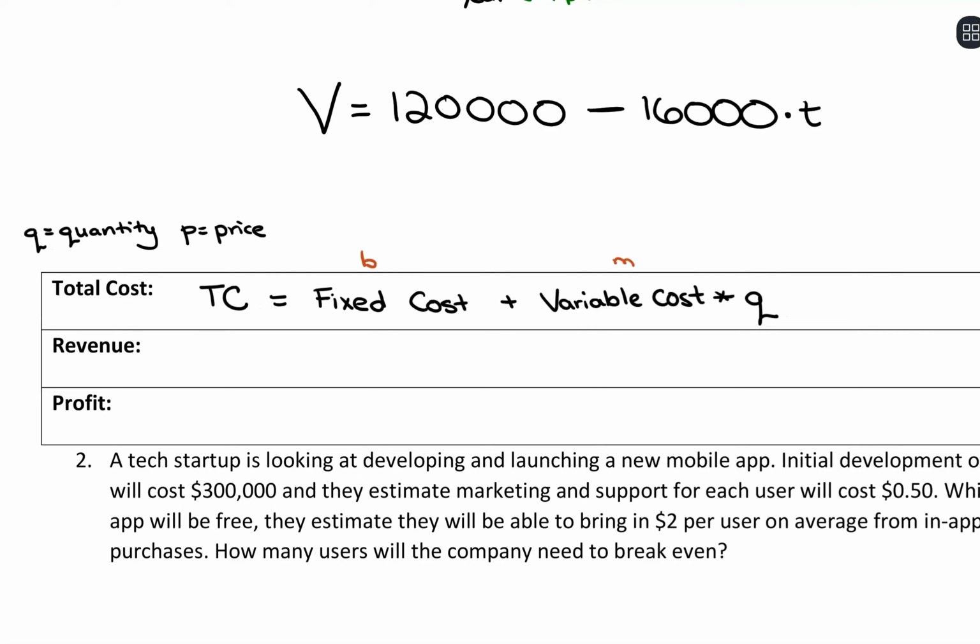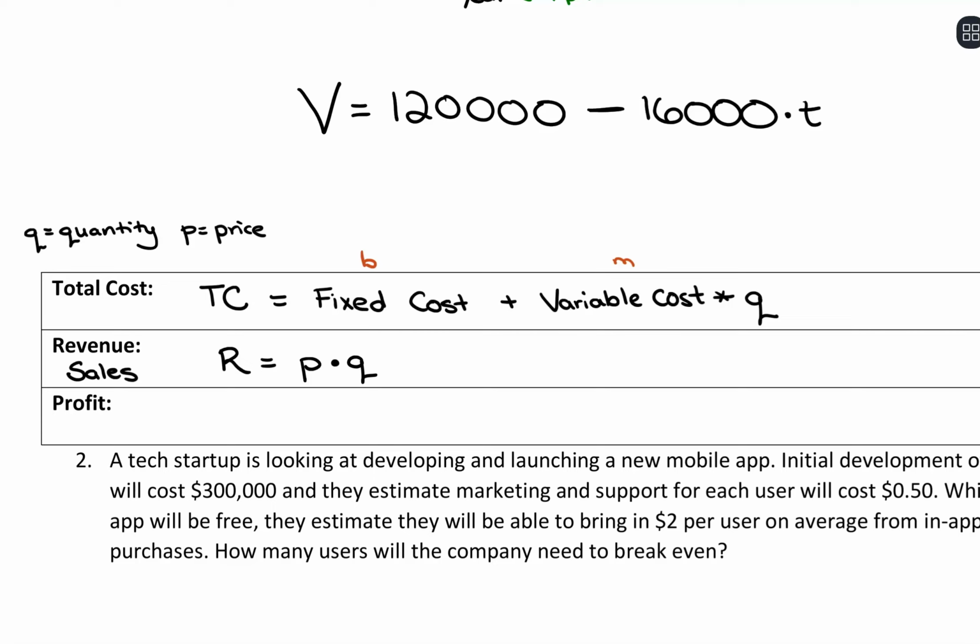Okay, revenue, which is the equivalent, is the sales that they're making from the item. Whatever they're making, they're going to sell a certain quantity at a certain price. So the total sales that they're bringing in, or this revenue, is going to come from taking the price of the item that they set times the quantity.